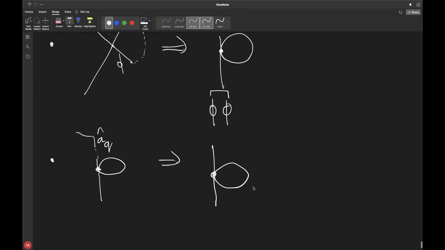So this was the situation when the a_q and the phi were contracted. So whatever we have seen in the past could now be represented with these diagrams.